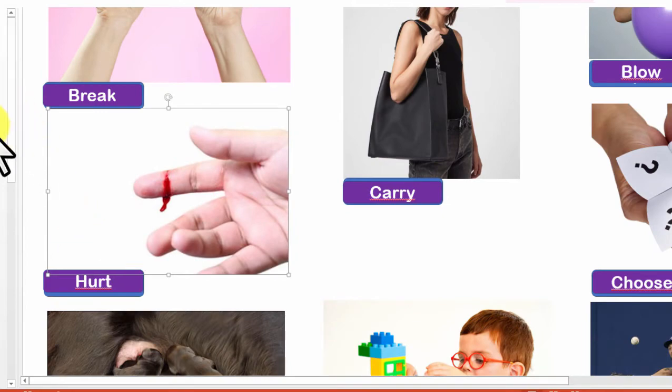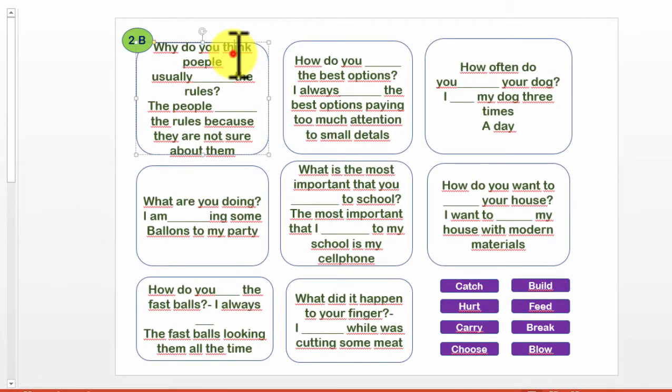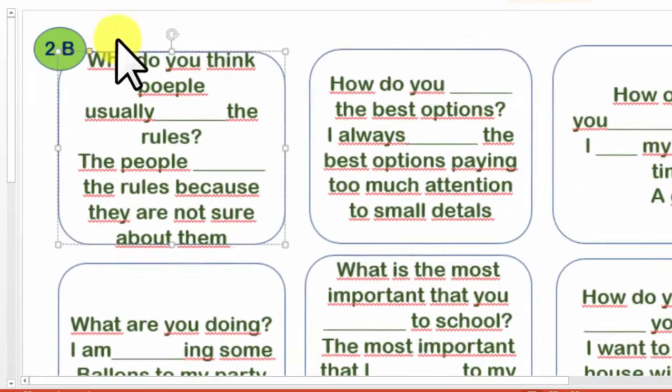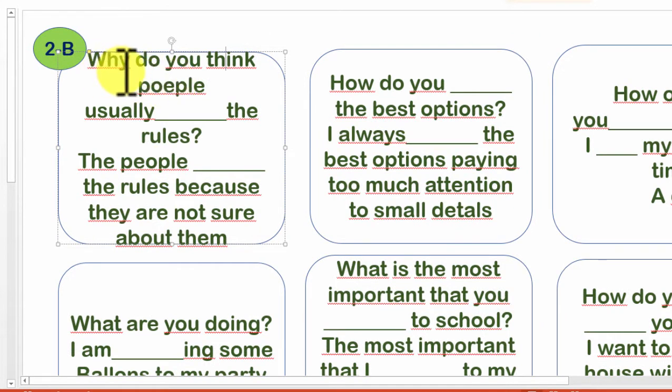Muy bien. Now let's go to the cases. Vamos a los casos. Dice to be, cases to be. Why do you think people usually break the rules? The rules because they are not sure about them. Entonces, ¿por qué?